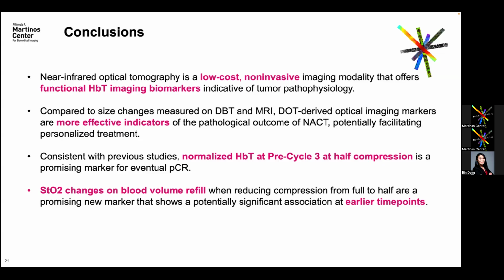But in terms of the device, that's just one type of compression, with parallel plates. Yes, that's the typical configuration for breast exam, so we simply add optical measurement on top of that.